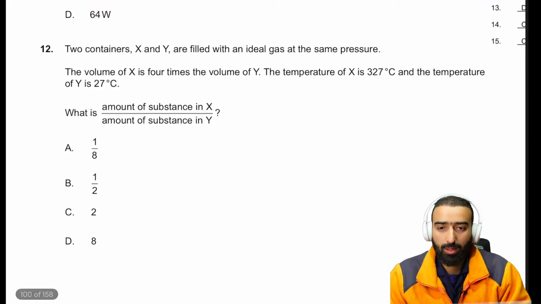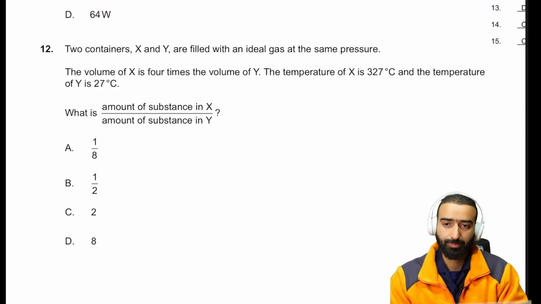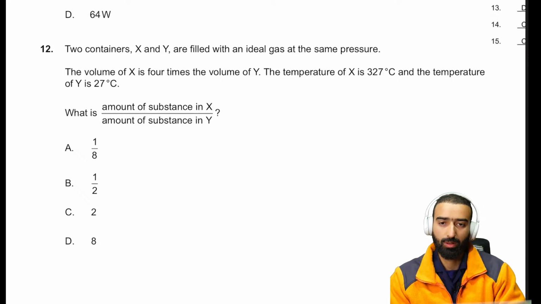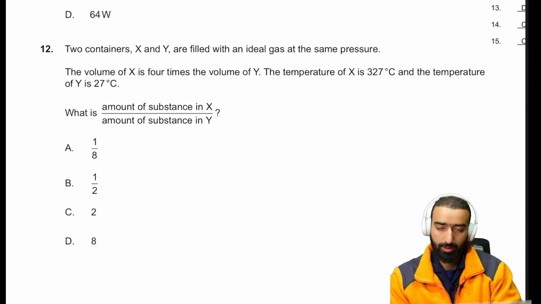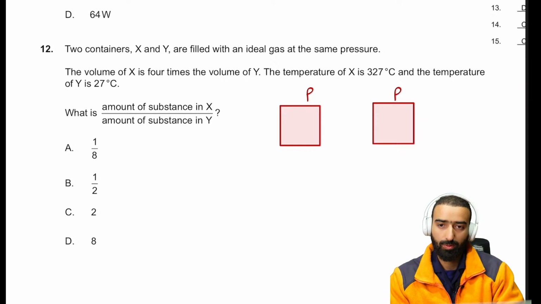Containers X and Y are filled with an ideal gas at the same pressure. So if this is our container X and this is container Y, they are at the same pressure. Let's call that P. The volume of X is 4 times that of Y. So if this is V, this will be 4V.